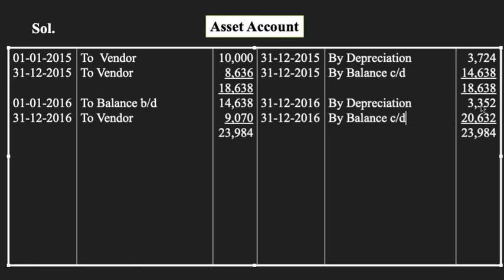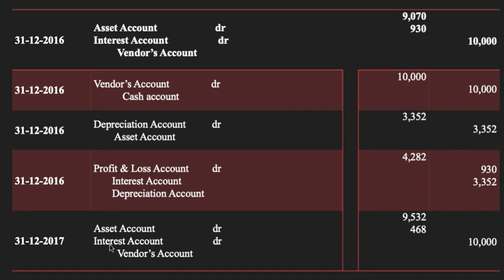Now the same balance, 20,632, is carried down here. So we are going to bring it down to the next year, so the same balance we are going to take here, to balance carried down, 20,632. Now looking at this journal entry, that is here on 31st/12/2017, asset account debit, interest account debit, vendors account, and the amount is how much?